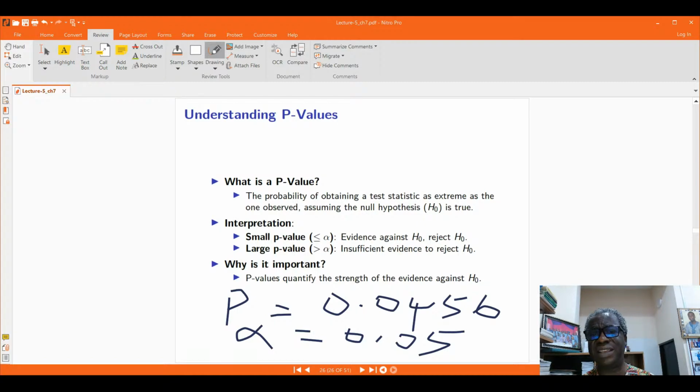And what that implies is that we have evidence against the null hypothesis. But if the reverse is the case, then it means the evidence is not sufficient for us to reject the null hypothesis.